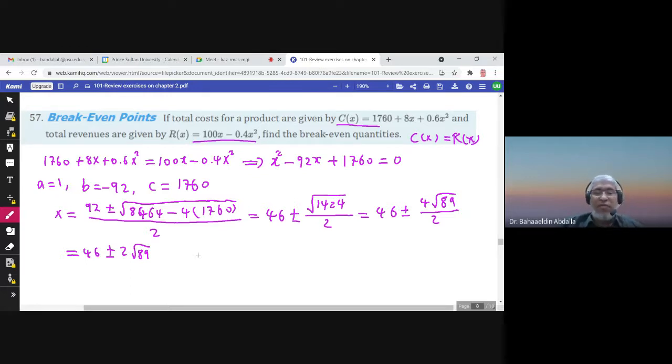So I have x, the break-even quantities, either 27.13, which is 46 minus 2 times square root of 89, or 46 plus 2 square root of 89, which would be 64.87. So these are two break-even quantities.